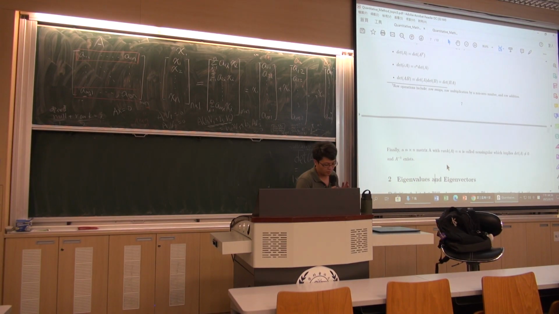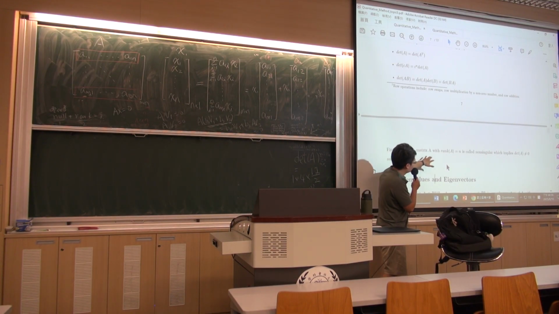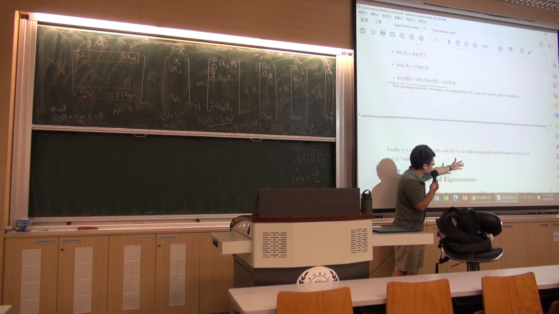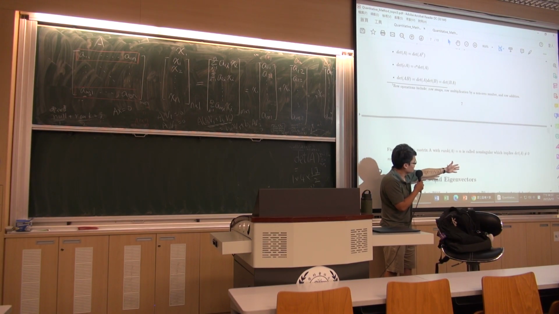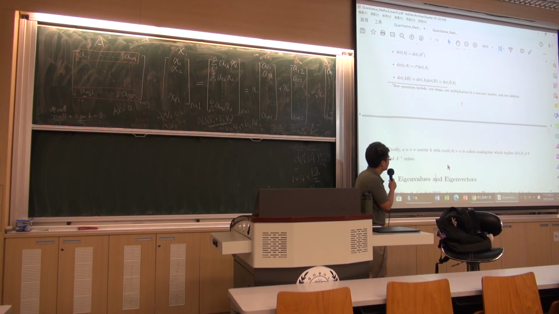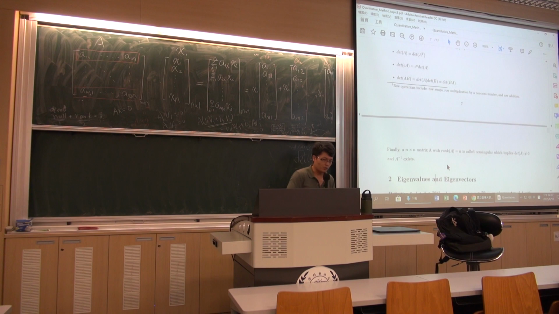There are a lot of terms here, and they are related together. So if the matrix has rank n, we call it non-singular, which implies that the determinant of A does not equal 0, and the inverse of it exists.